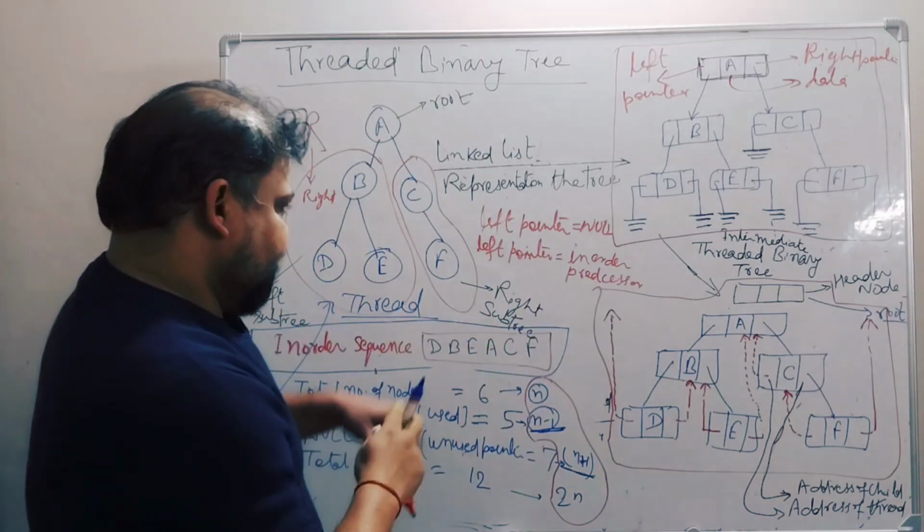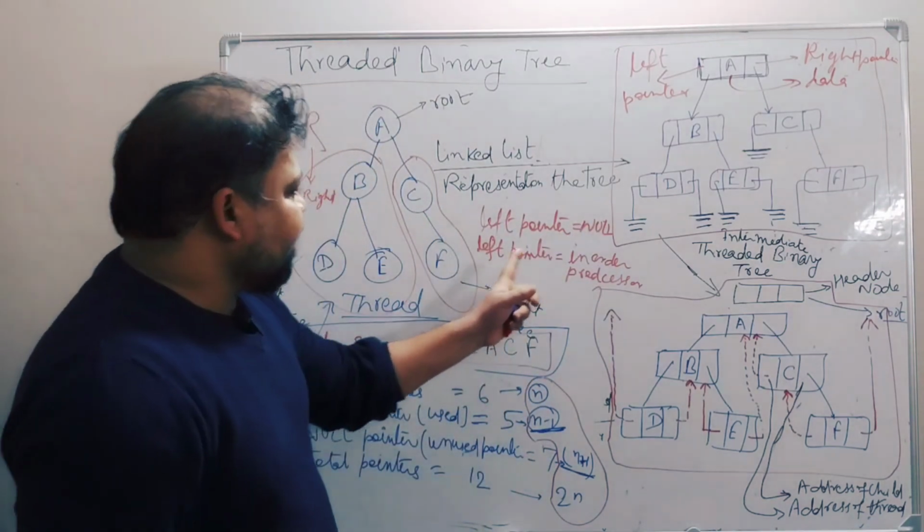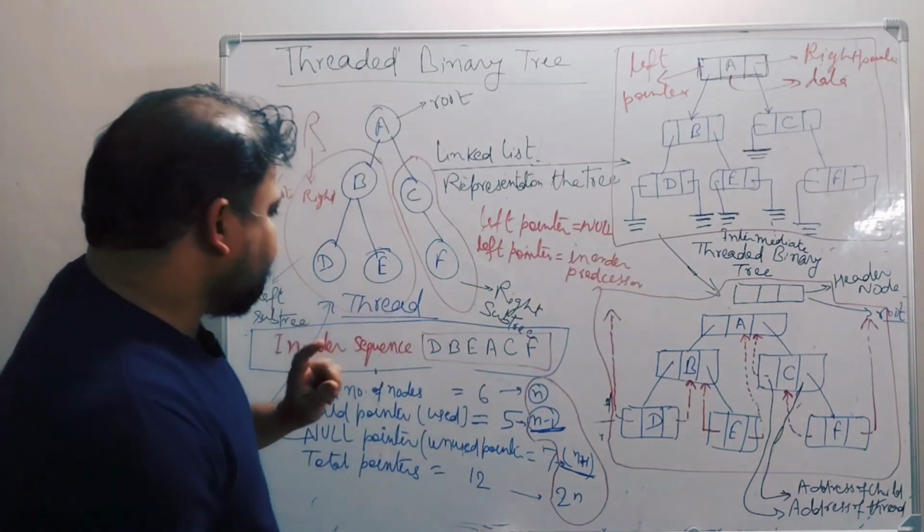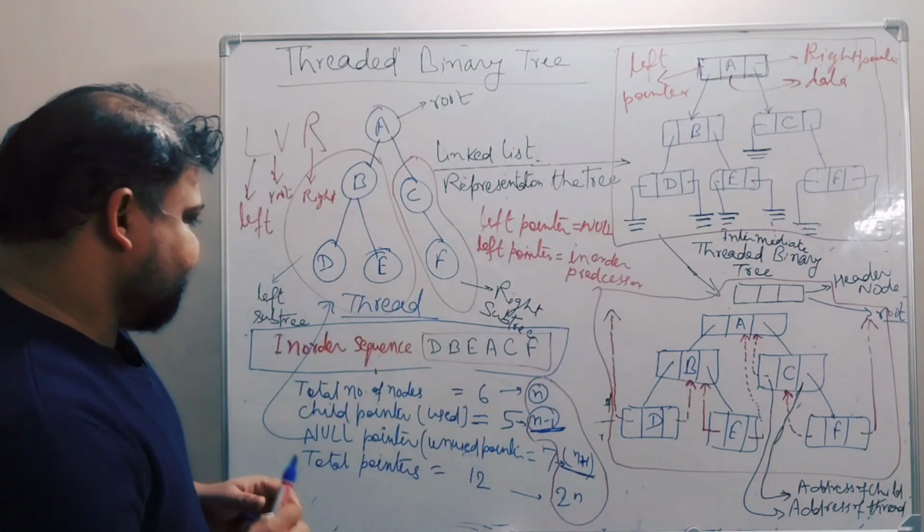And in a similar manner, if the right pointer is null, the right pointer will go to point to the in order successor. So we have to learn what exactly the predecessor and successor are.